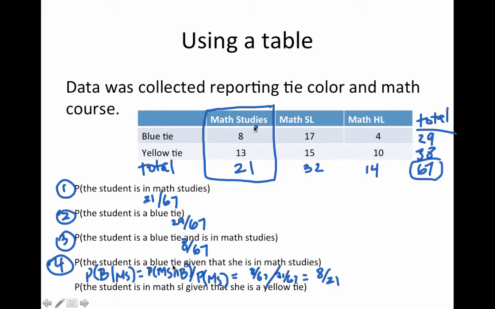And within that column, you look at the probability you're trying to find. In this problem, I'm trying to find the probability that a student is a blue tie. So I take this number, blue tie, 8, and I divide it by 21. And so that's the same probability as using the formula. So for the fifth problem, we'll use this little shortcut as our way of doing it.